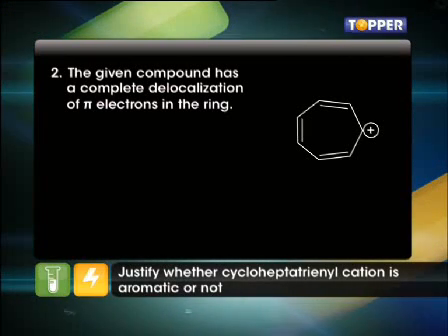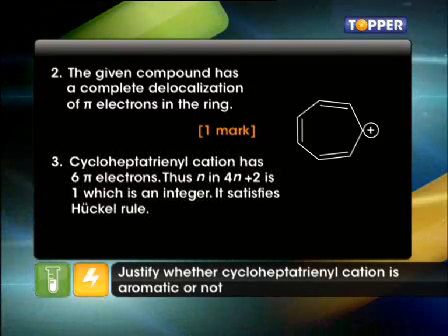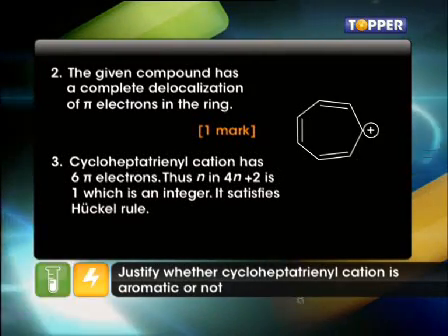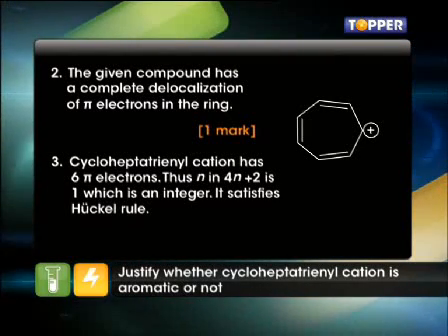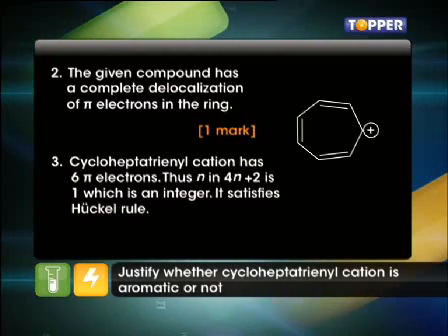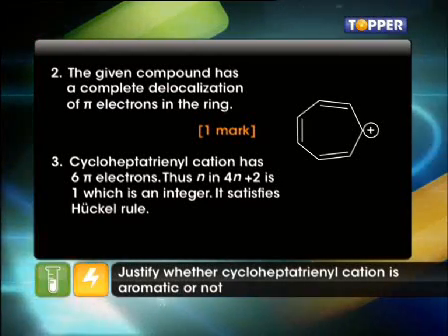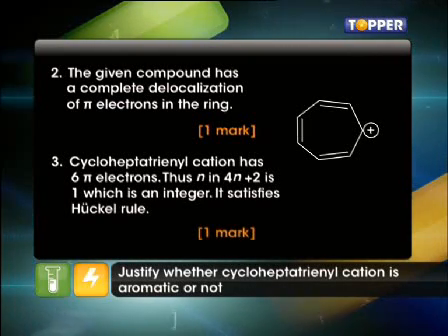Writing about delocalization will fetch you another mark. Cycloheptatrienyl cation has 6 pi electrons. Thus, n in 4n plus 2 becomes 1, which is an integer. So, it satisfies Huckel rule also. Writing the third condition will give you the remaining 1 mark.